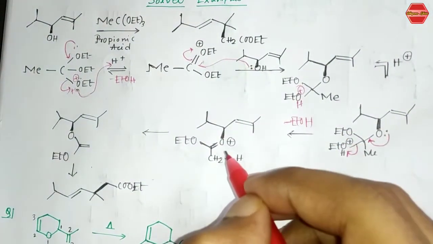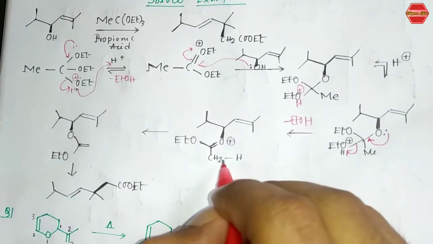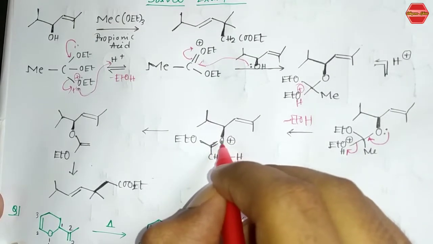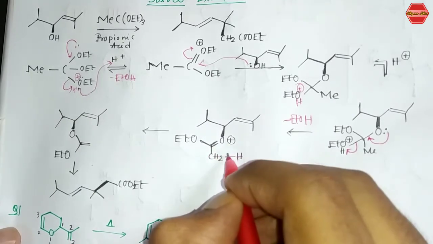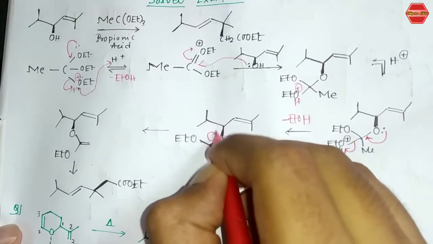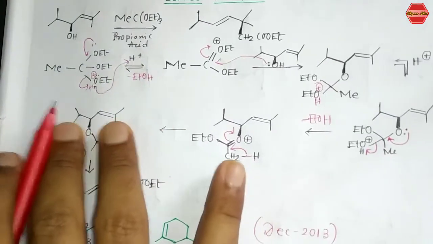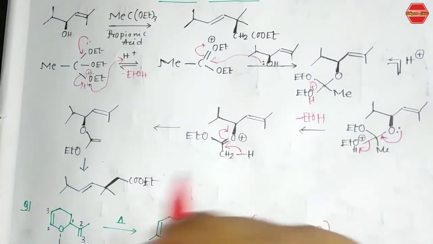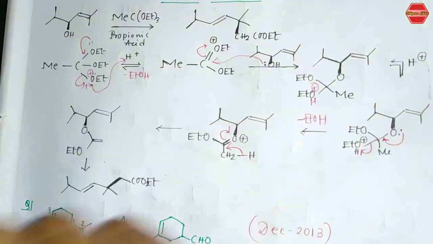Now we can write this as CH2 bond H. You can see that the oxygen is positively charged, so it will try to get back its neutralization. So these bonds go over here, and it will go back to here to neutralize the system, right? Now if you see the intermediate that is formed after this removal of H+, you can see that there is a possibility of a 3,3 sigmatropic rearrangement.